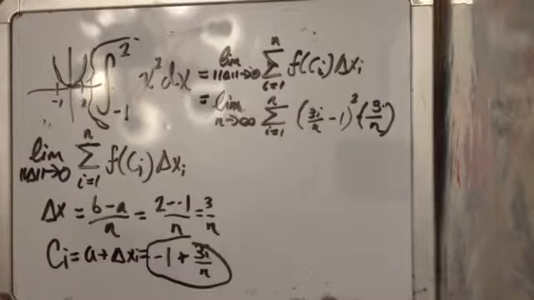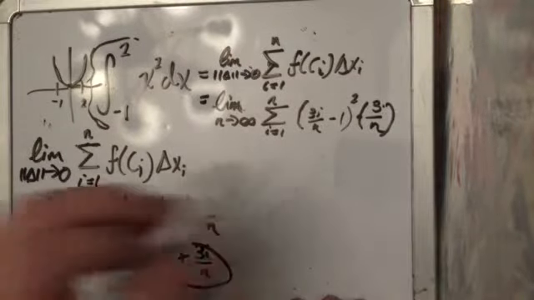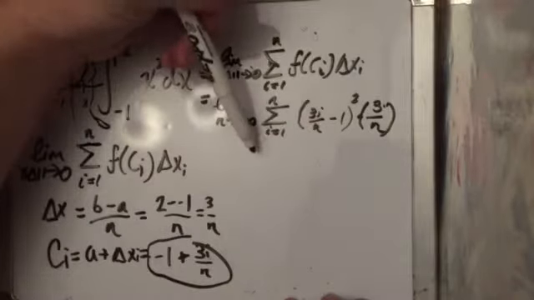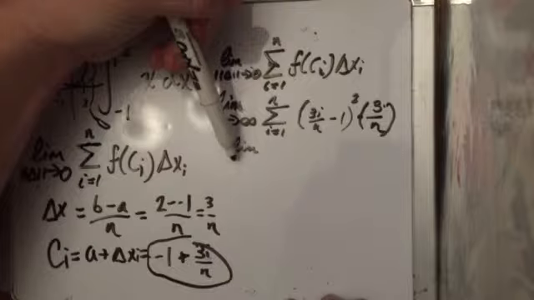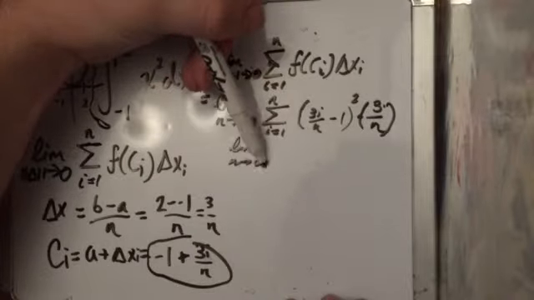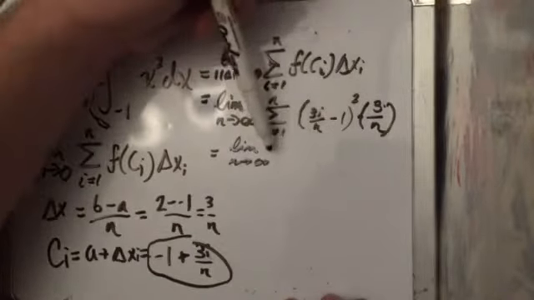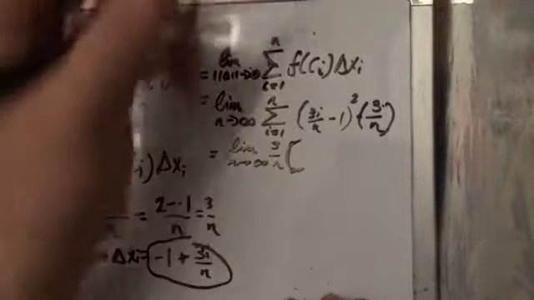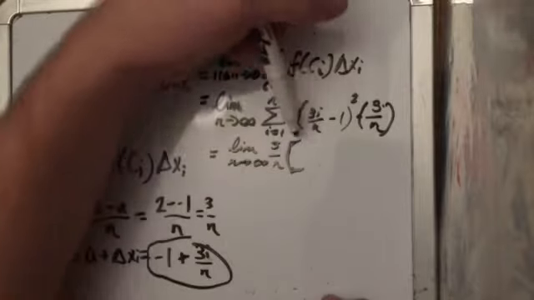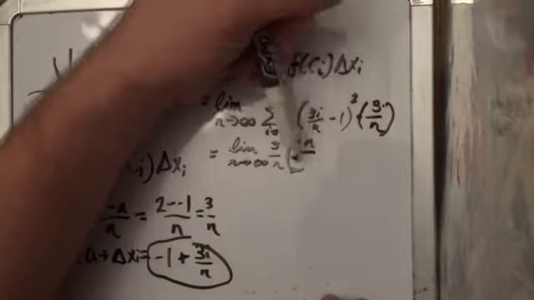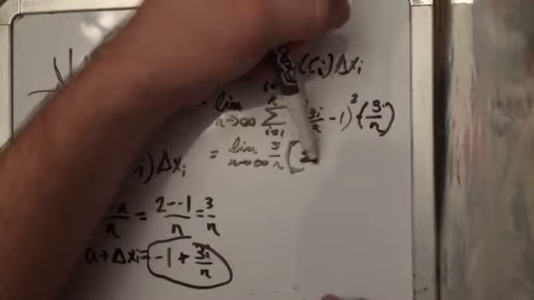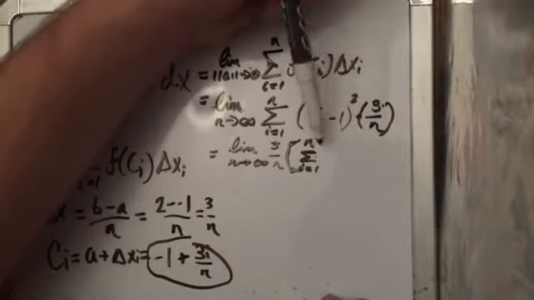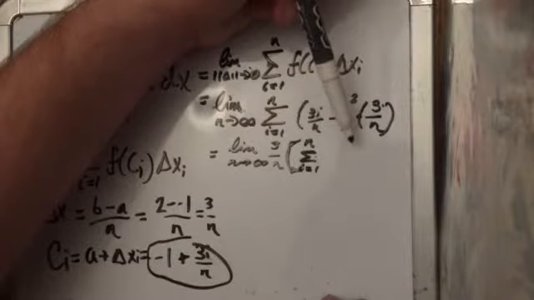So we're going to move this to the outside of the sum, not the limit, but the sum. So 3 over n times the sum, and we're going to FOIL this out.